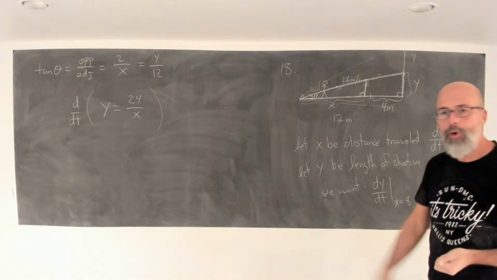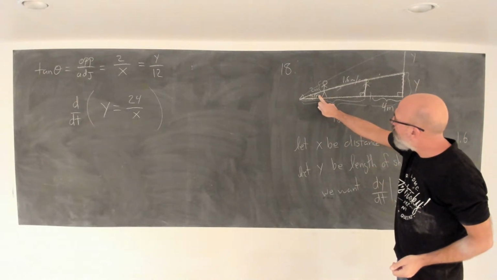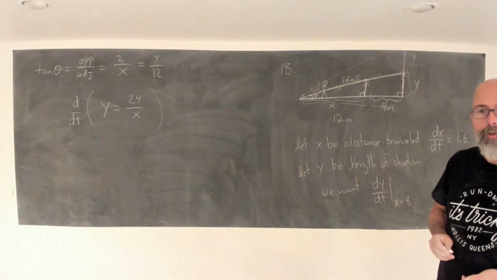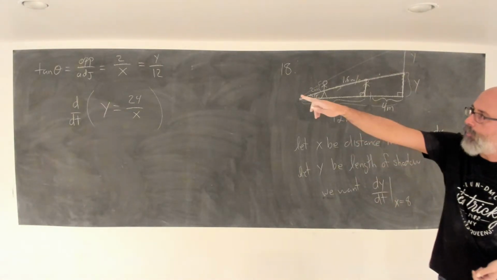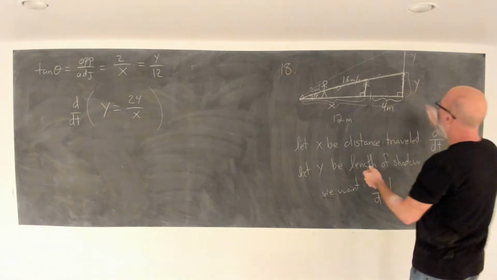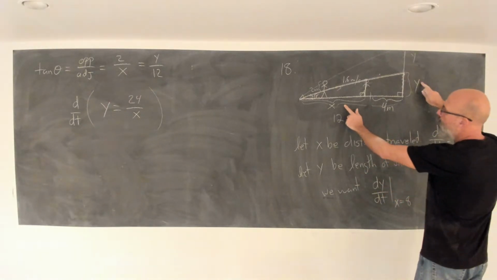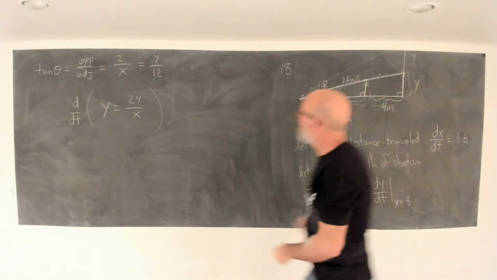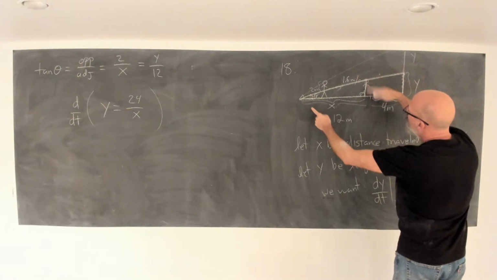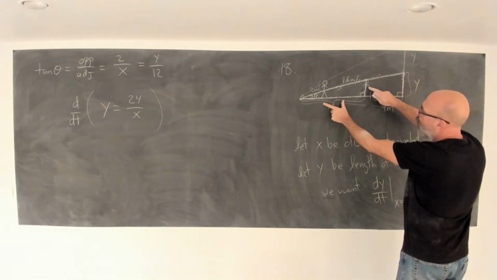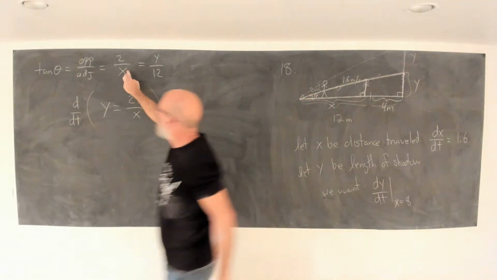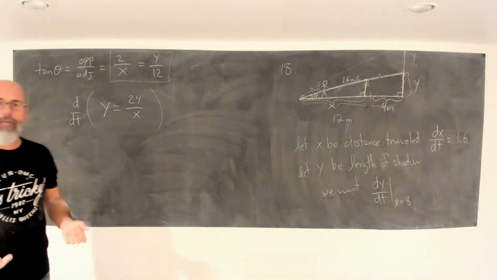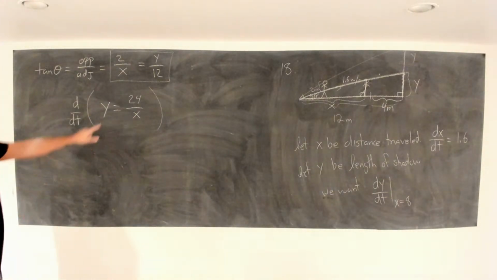So these are similar triangles. I'm calculating tangent of theta for both right angle triangles, and they have to be the same. Tangent is opposite over adjacent, so y over 12 in the large one. But in the small one, the guy was 2 meters, so 2 over x. And that gives us the relationship between x and y.